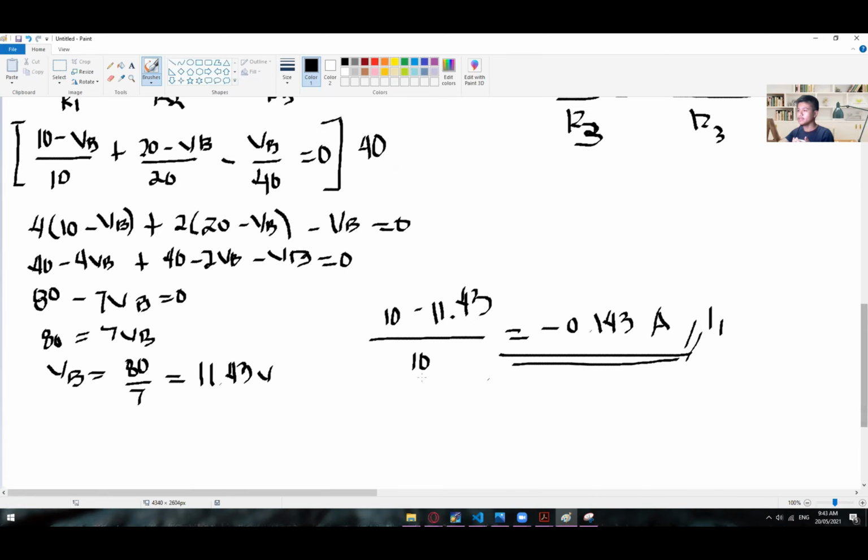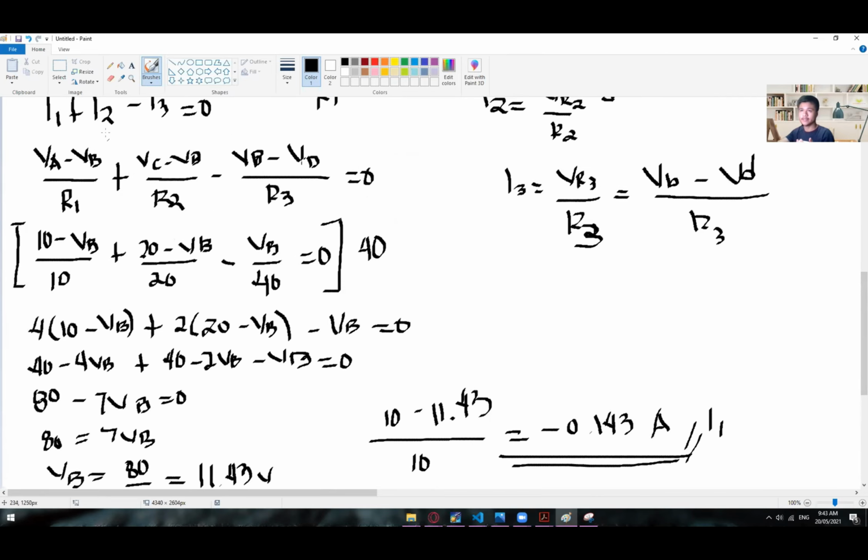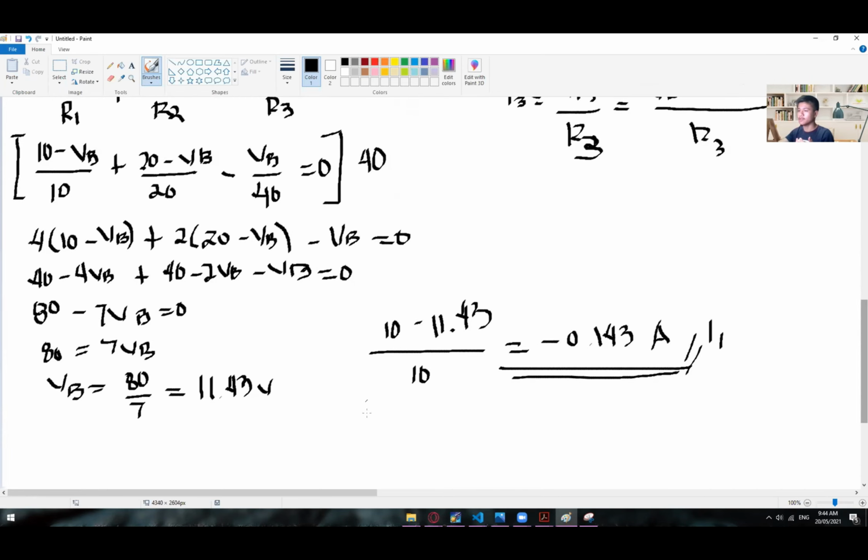For I2, again, you get VC minus VB divided by R2.